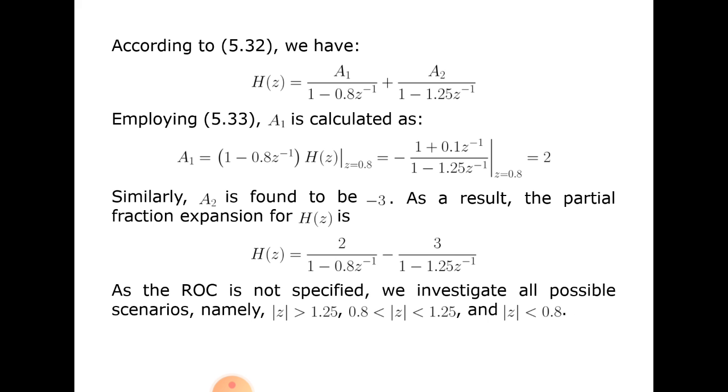Accordingly, we have H(z) equal to A1 divided by (1 - 0.8 z^-1) plus A2 divided by (1 - 1.25 z^-1). A1 is calculated as (1 - 0.8 z^-1) H(z) at z equal to 0.8, which is (1 + 0.1 z^-1) divided by (1 - 1.25 z^-1) at z equal to 0.8, which is equal to 2.